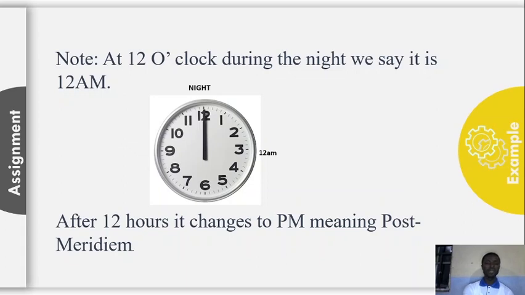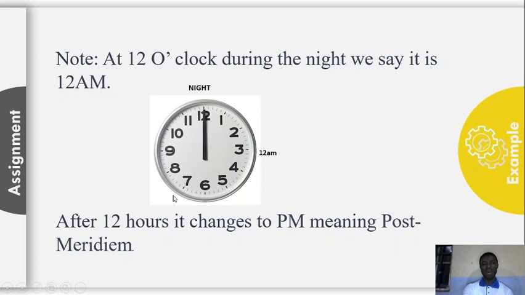When both arms fall on 12, you can see the minute arm exactly on top of the hour arm, and the two are positioned on 12. And if it is night, you say it is 12 a.m. Good.